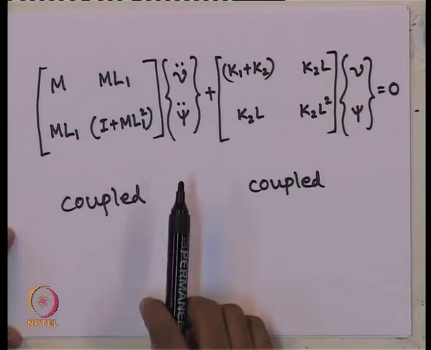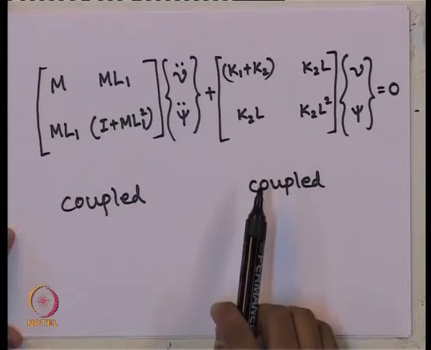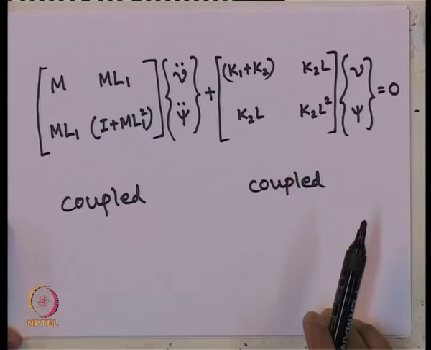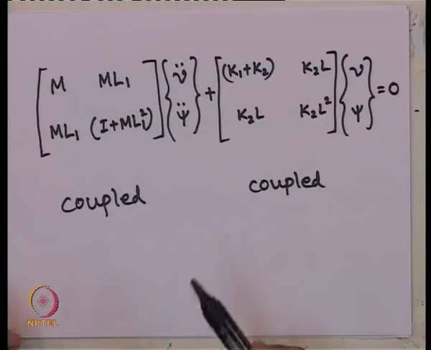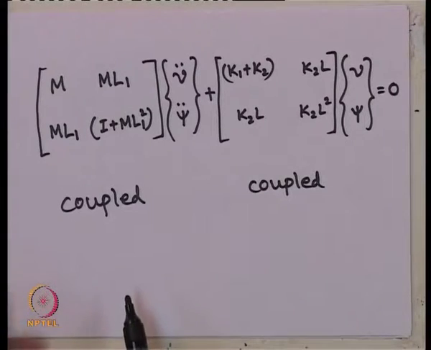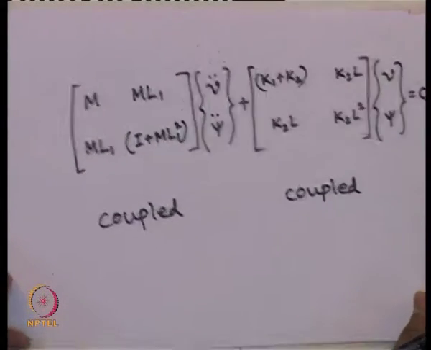And then let us see what happens. Suppose by choosing any type of coordinate system, you finally got an equation of motion which gives you mass, damper and stiffness matrices that are all coupled. So, what will happen? Remember, in the first case, when we solved the basic multi-degree of freedom problem, what did we get?